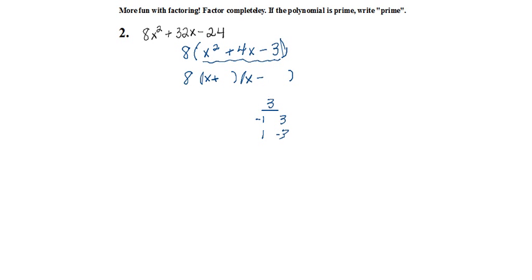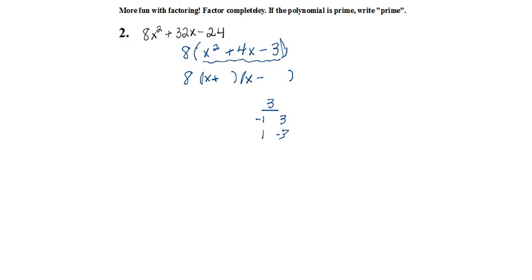Okay, so do either one of those add up to be 4x, or our middle term of 4, our b term? So negative 1 and positive 3, that's going to be 2. However, 1 and negative 3 is going to be negative 2, and neither one of those add up to be our b term, which is what we're looking for, 4.